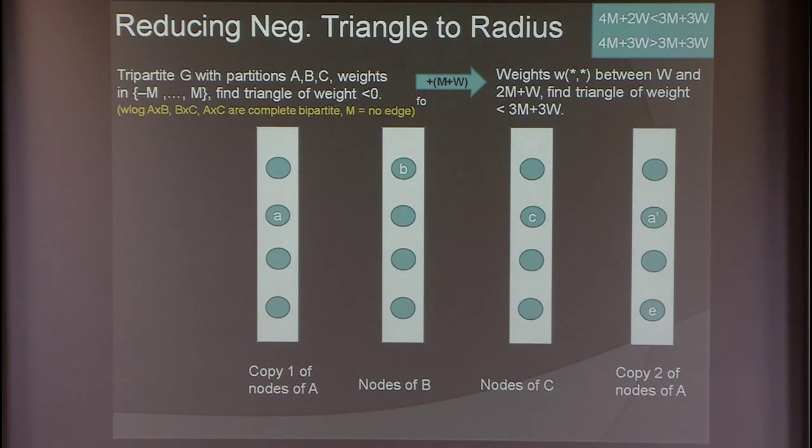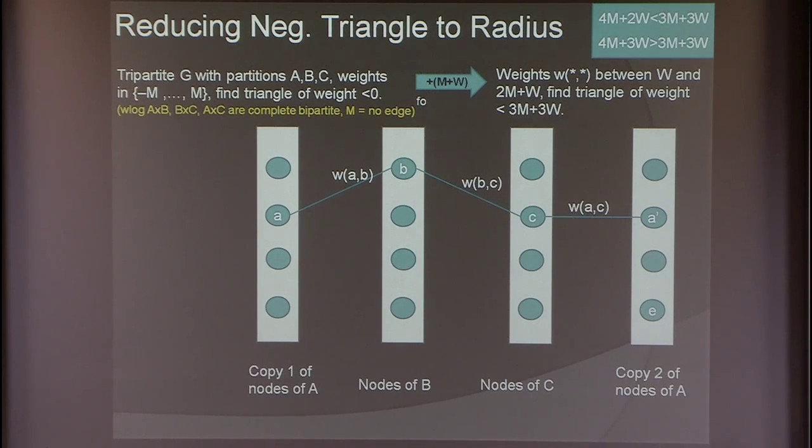And okay, now what we'll do is just what you suspect. We'll put the weights between the pairs of A and B, the first copy, all the weights just as they were in the original graph between the respective copies.